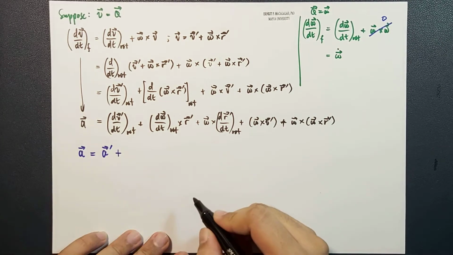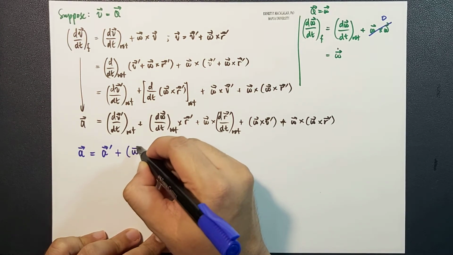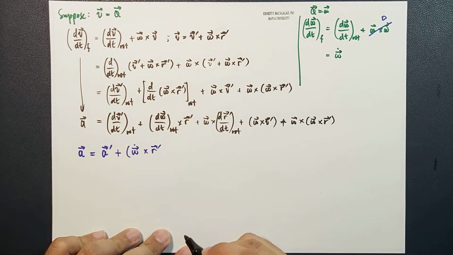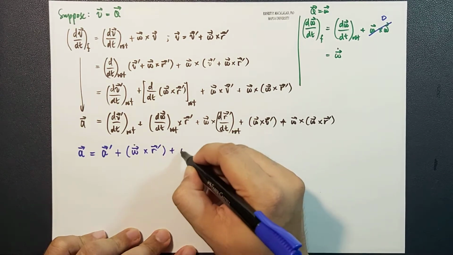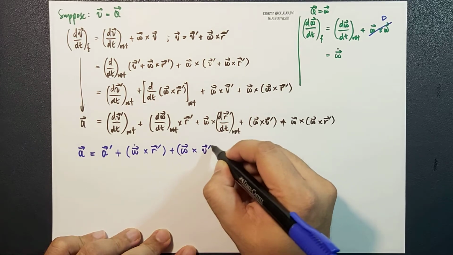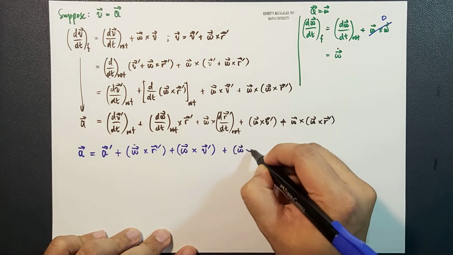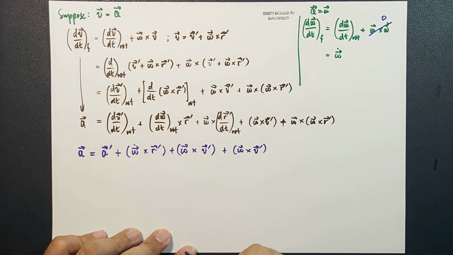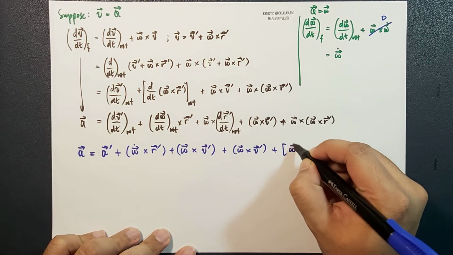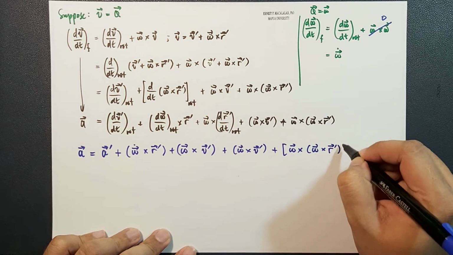Plus, this is omega dot cross r prime, plus omega cross v prime, plus omega cross v prime, plus omega cross omega cross r prime.